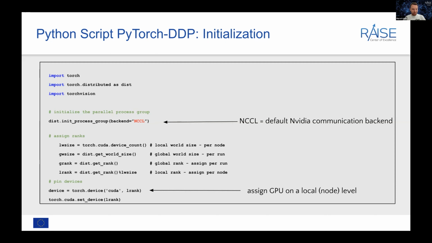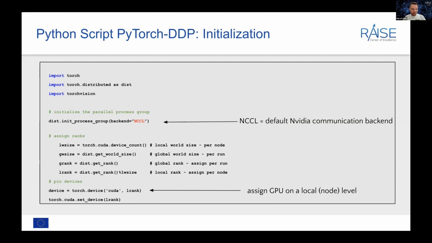Then as a next step, because we are using these rank parameters several times, we just saved them here once. The first one gives you the local world size, so that is the number of GPUs we have per node. The get world size gives you the global world size, how many GPUs we have in total per run.